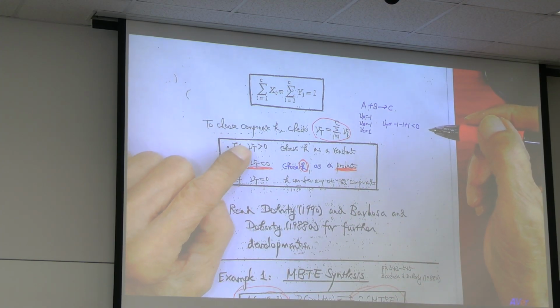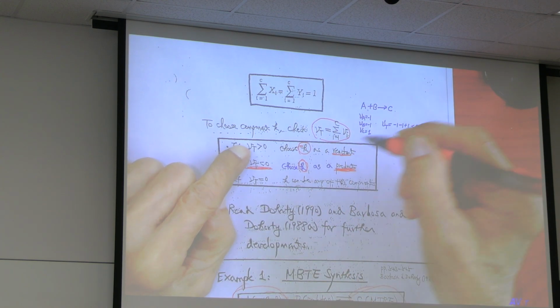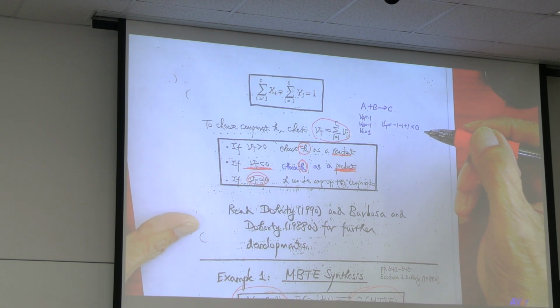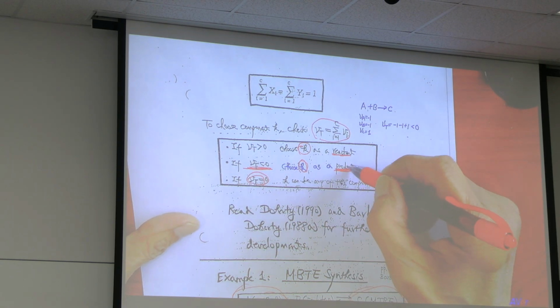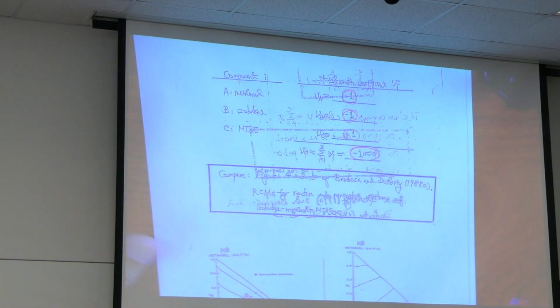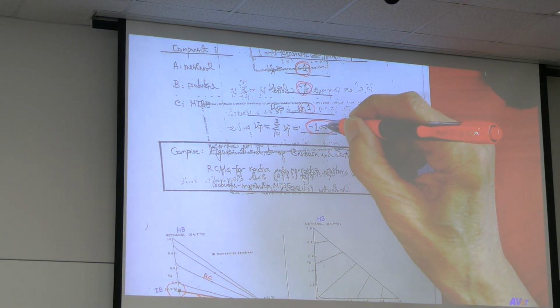If this is plus, choose K as reactant. If this is 0, you can choose reactant or product. Okay? So now, in our case, it's minus 1.